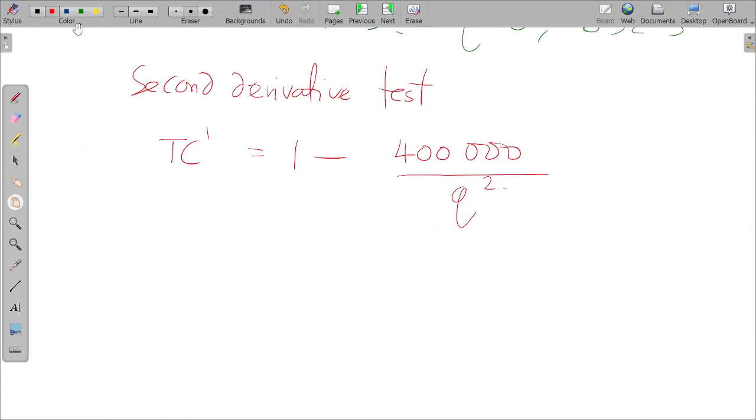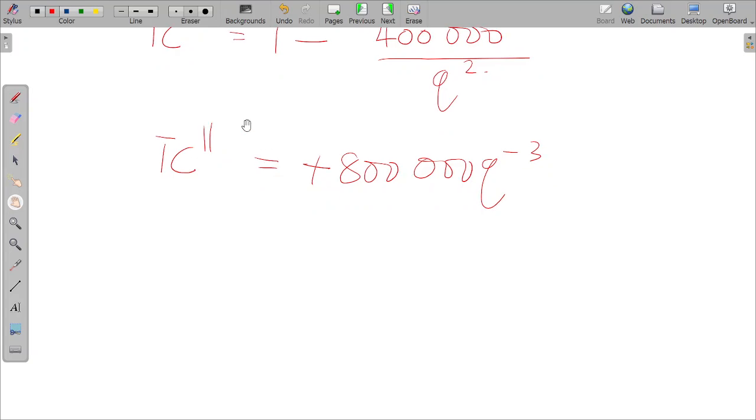Yeah. So if I derive this the second time, I will have TC double prime, because this will be 0, this will be minus or positive now, 800,123 q raised to power minus 3. Okay. Alright, please know how to derive properly.